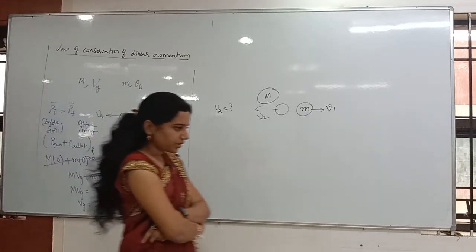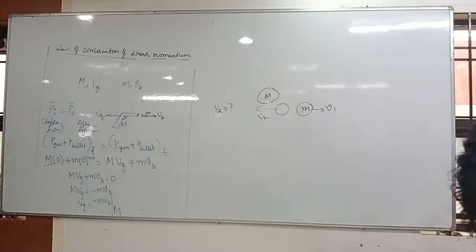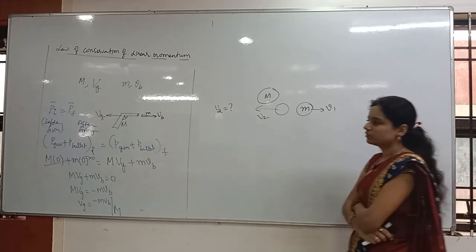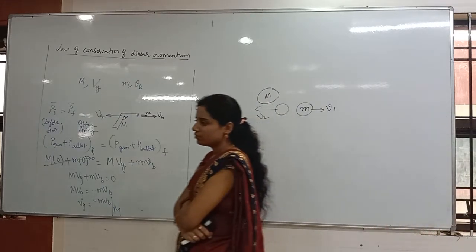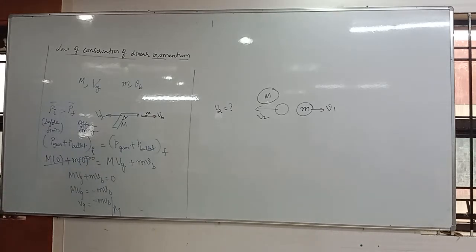And the other fragment moves opposite to the first one. Then find the velocity of the second fragment.